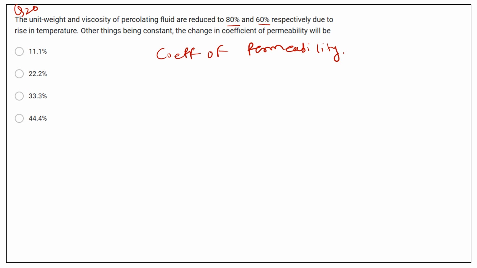The formula is K equals C into gamma by mu into e cubed divided by (1 plus e) into D squared. So here e is the void ratio, D is the effective size of soil particles, gamma is the unit density of fluid, mu is the viscosity, and C is the constant.